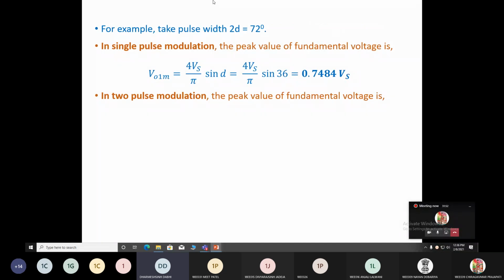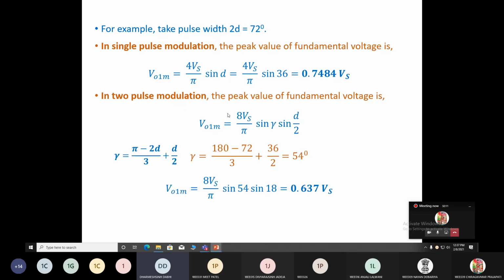See here, in the single pulse width modulation technique, the peak magnitude of the fundamental component for the width 2d equal to 72 is 7.7484 Vs. But for the two pulse modulation technique, we get the peak magnitude of the fundamental component as 0.637 times Vs. It means that as we increase the number of pulses per half cycle, the peak magnitude of the fundamental component will decrease.